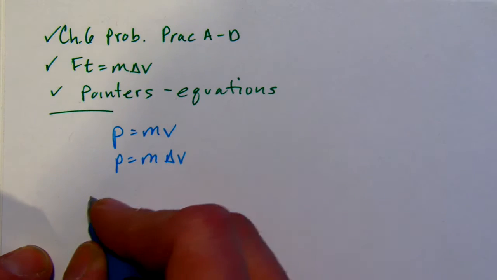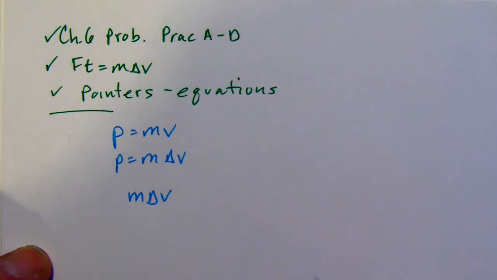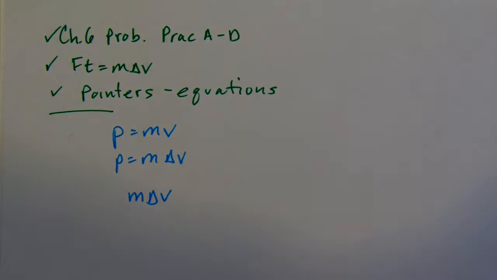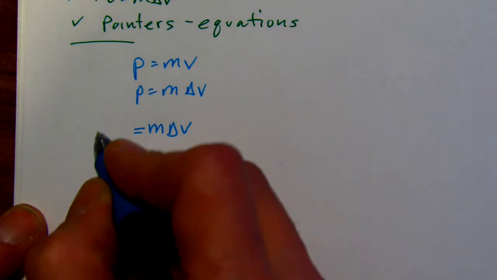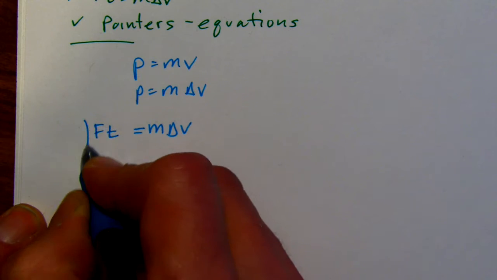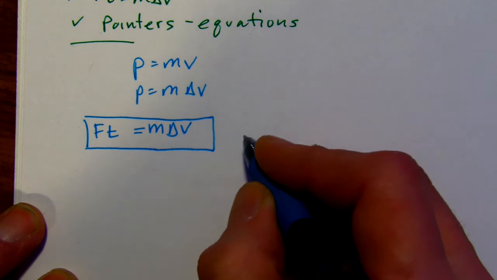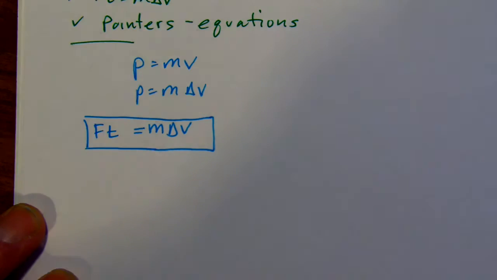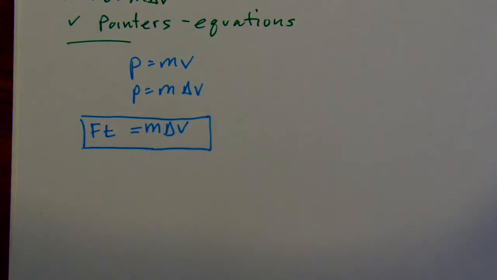But now there's this other concept, and that is if you have a change in velocity, it's important to know how long that change in velocity takes place, because that has an impact on the force. So we have this equation here called the impulse momentum theory. This concept here is the connection between impulse and force.